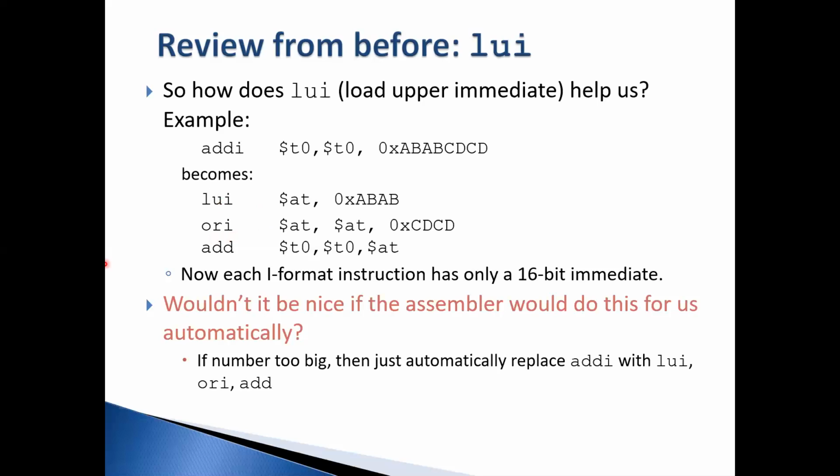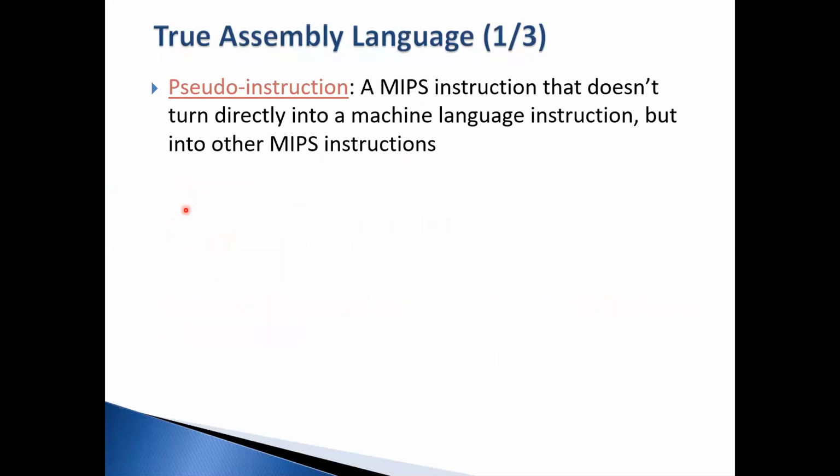Okay, and that brings us to the new term called pseudo instruction. So pseudo instructions are instructions like this example that cannot be converted into zeros and ones right away. You have to break it down into the true assembly language that can be converted into zeros and ones. So what is true assembly language?